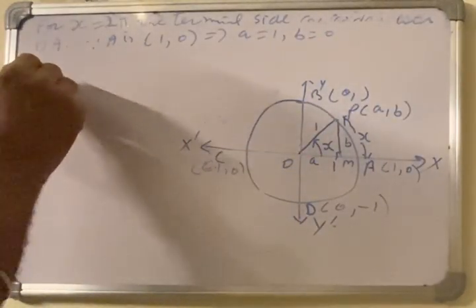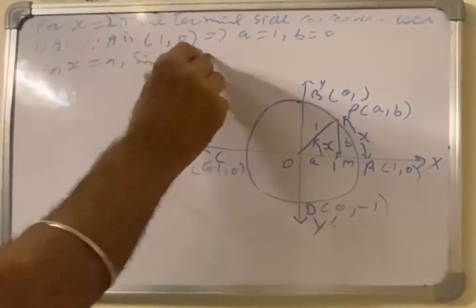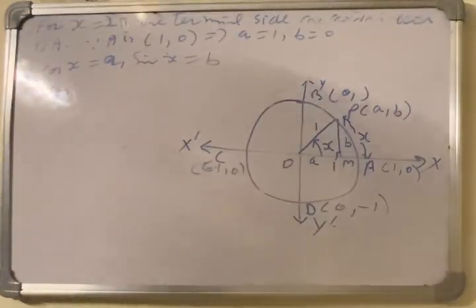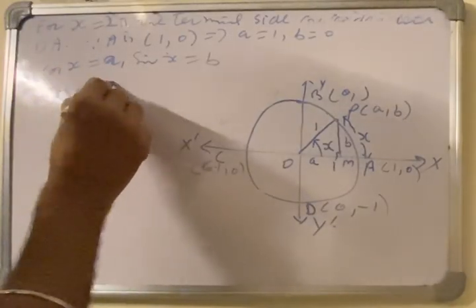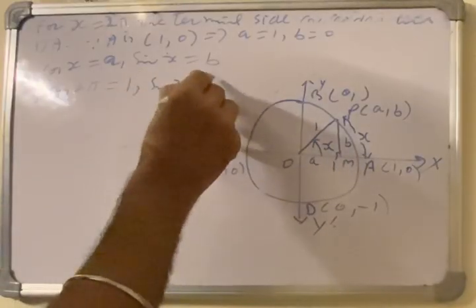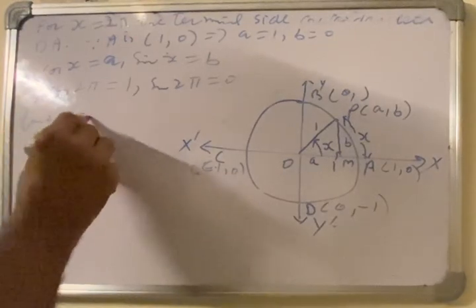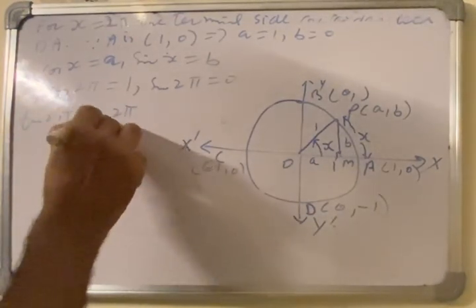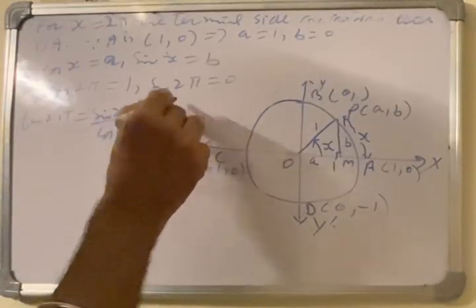Now since cos x is a, sin x is b, therefore cos 2 pi is 1, sin 2 pi is 0. Tan 2 pi is sin 2 pi over cos 2 pi, which is 0 over 1 is 0.